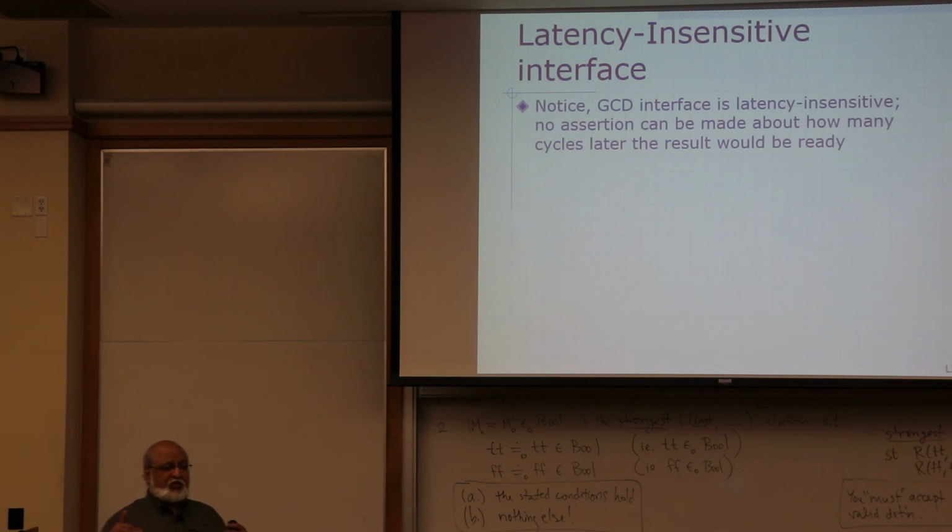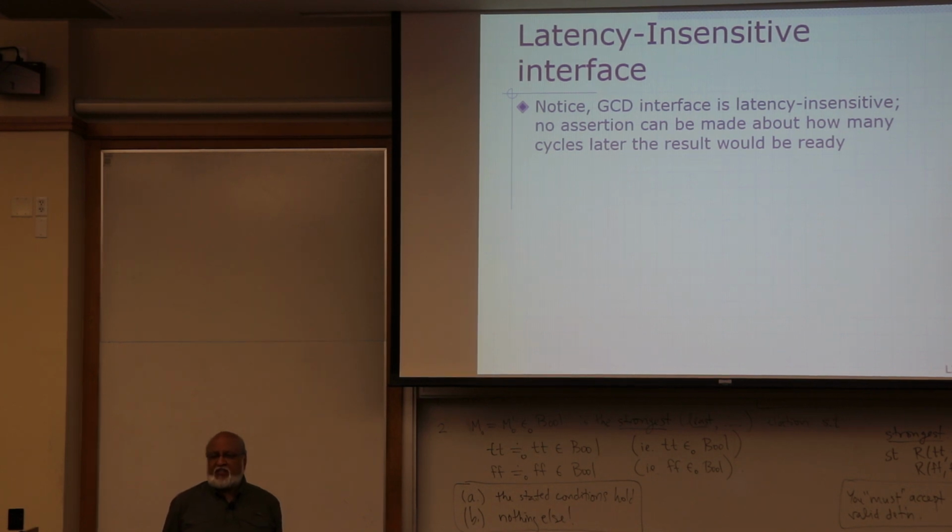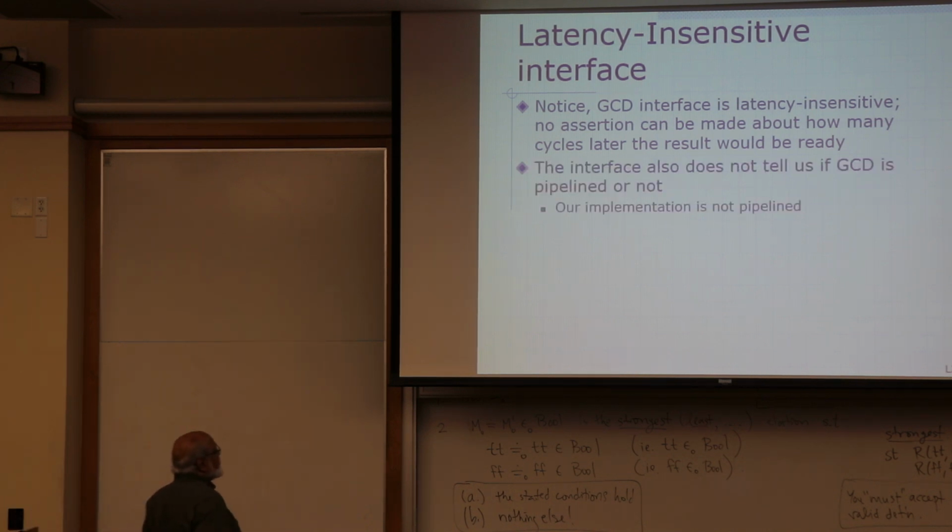Because for that, you will have to go and look inside the module. You can't look inside the module because all the compositions have to work based on the interface. An interface says nothing about what is the relationship between input and output. Certainly not any timing relationship. The interface also does not tell us if GCD is pipelined or not. Okay, so what would happen if it is not pipelined?